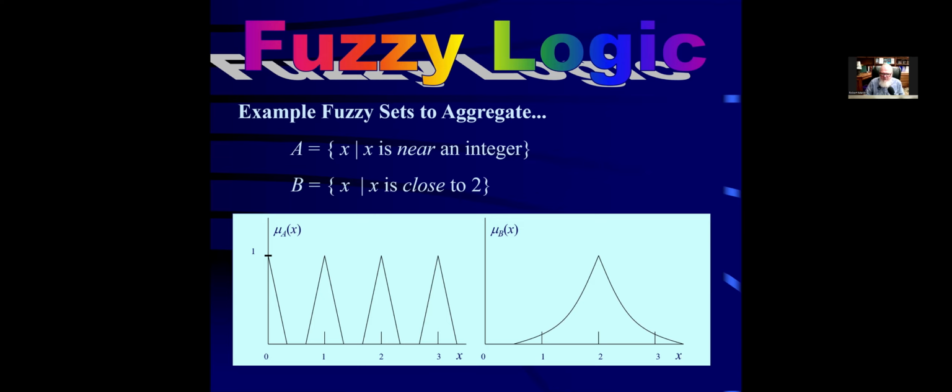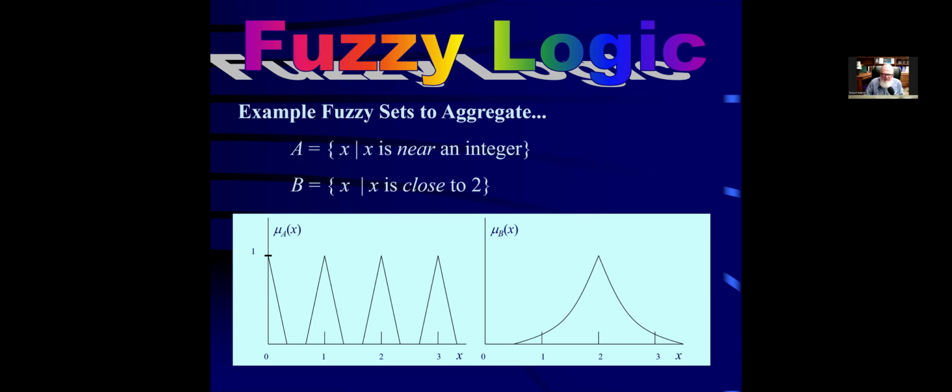And that's kind of interesting. So on the right-hand side, we have the set B. This is a fuzzy set. This is x is close to 2. And we've talked about this also, and don't forget, if you generate a fuzzy membership function, it's probably going to be different than the fuzzy membership function that I generate.